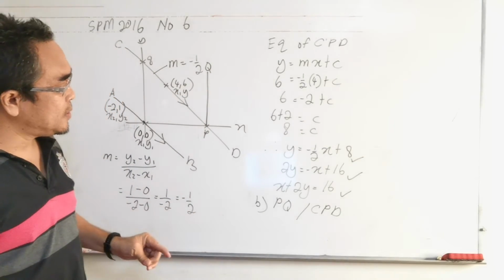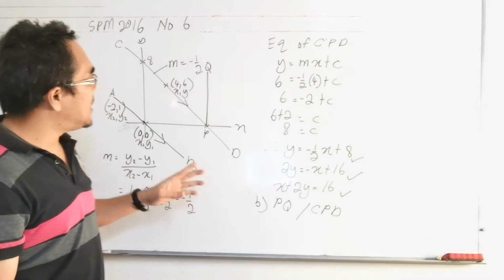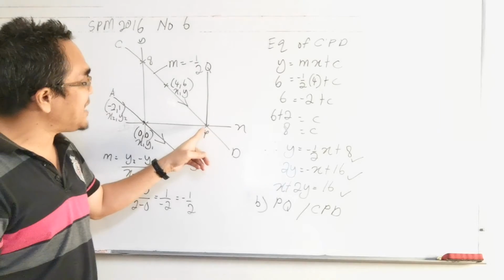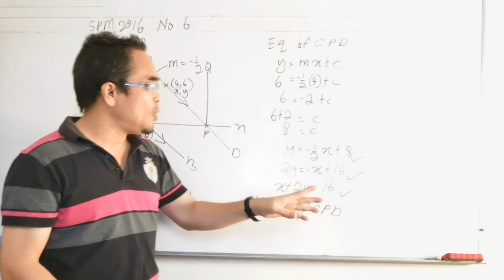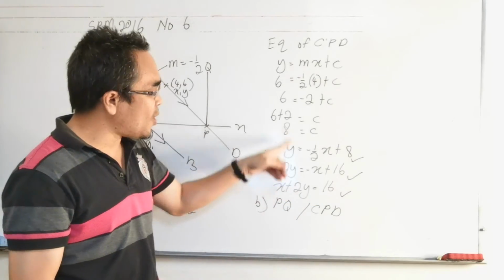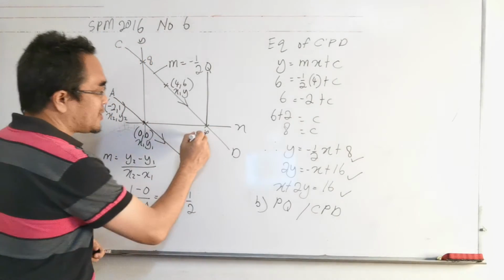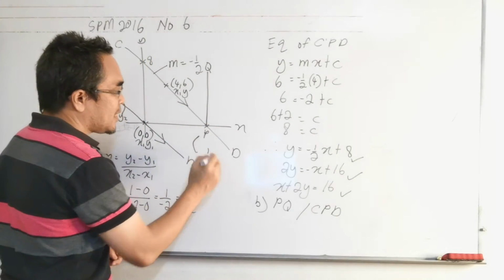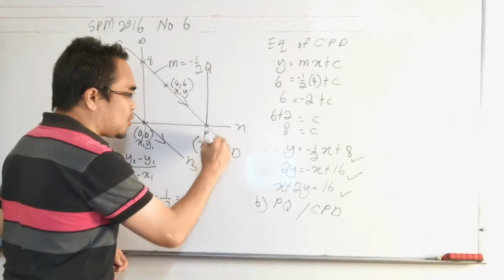So we just want to know the x-intercept. Because this coordinate is the intersection between CPD and PQ, we can use any of these equations and replace y with 0. Why? Because for the coordinate of P, the x I do not know, but the y is 0.